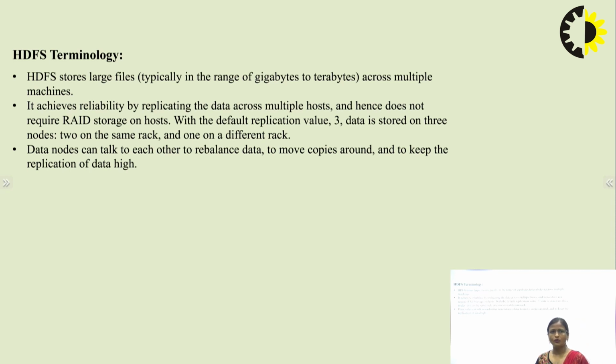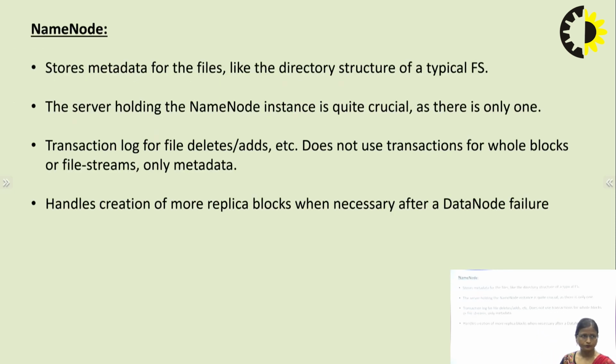That means by default 3 copies are stored, and data is stored on 3 nodes, 2 on the same rack and 1 on a different rack. Then data nodes can talk to each other to rebalance data. That means the data is rebalanced by data nodes to move copies around and to keep the replication of data high.